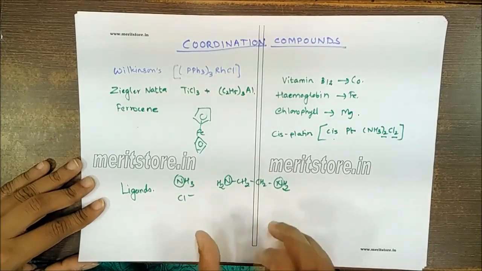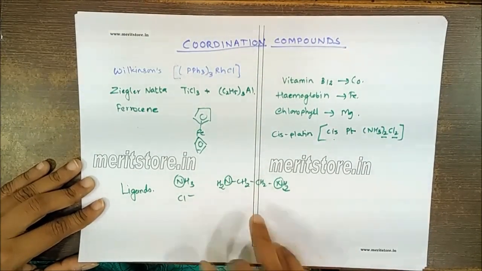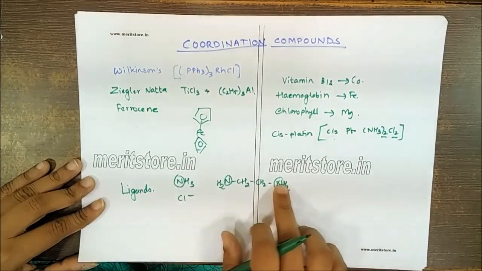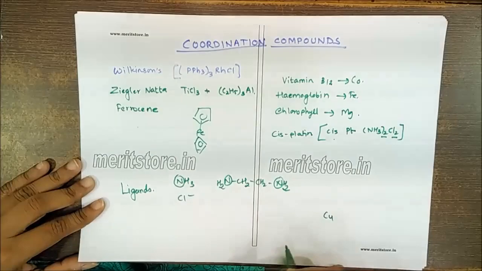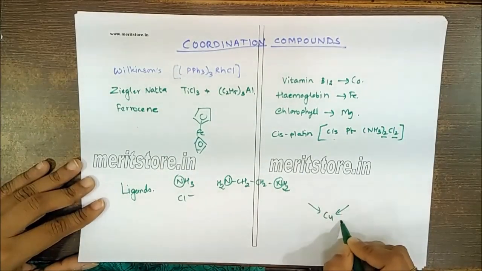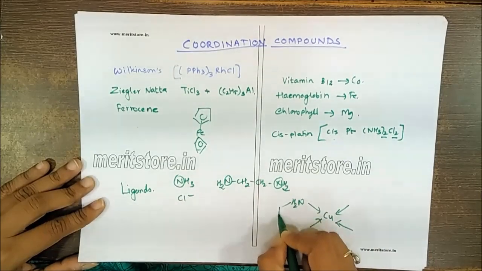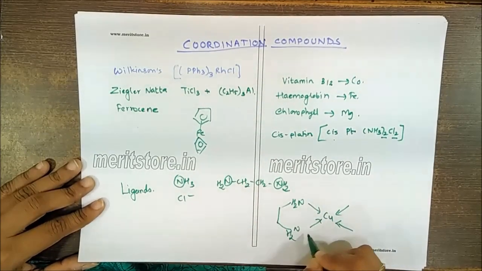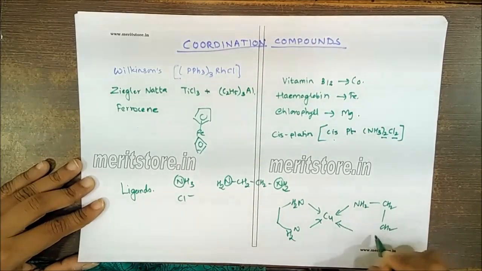So whenever you have polydentate ligands, they form complexes which are having a cyclic structure. For example, if I use this as a ligand, let's say it is ligating with the copper. Copper has a coordination number 4, so we need 4 nitrogens here. So this is NH2, CH2, CH2, NH2, NH2, CH2, CH2, NH2.